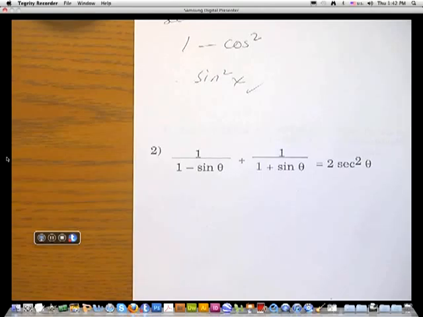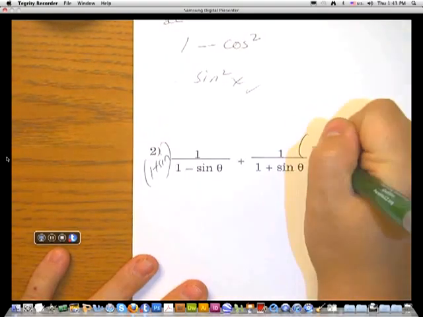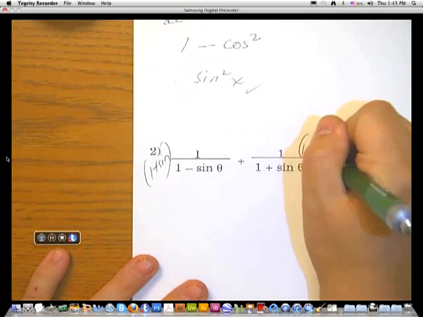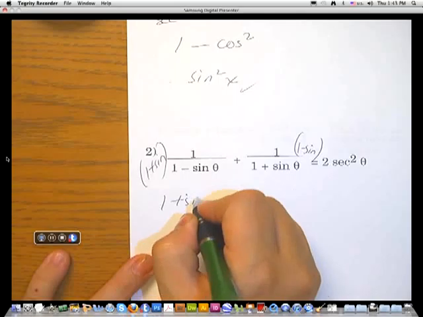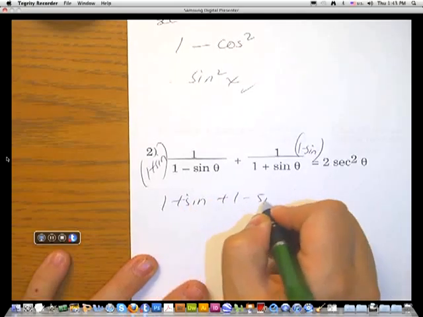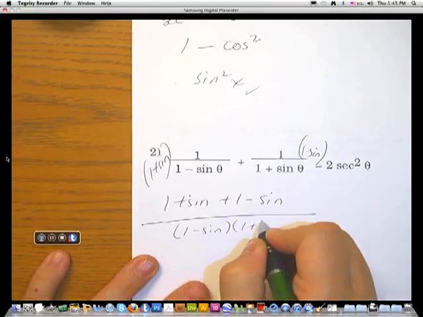Here I have left side equaling secant squared. Whenever we have fractions, one approach is to get common denominators. So I'm going to multiply by 1 plus sine on the left and 1 minus sine on the right, so that I can get the common denominator. 1 plus sine plus 1 minus sine, all over 1 minus sine times 1 plus sine.